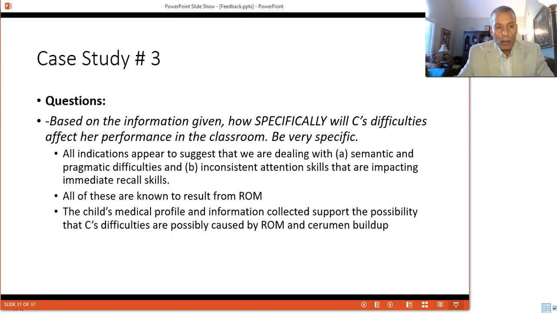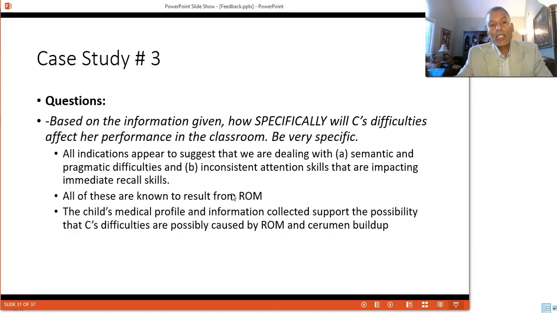Another question here: based on the information given, how specifically will these difficulties affect her performance in the classroom? The question says, be very specific. That is not just random there. Pinpoint, and really provide an answer that is going to answer the question.